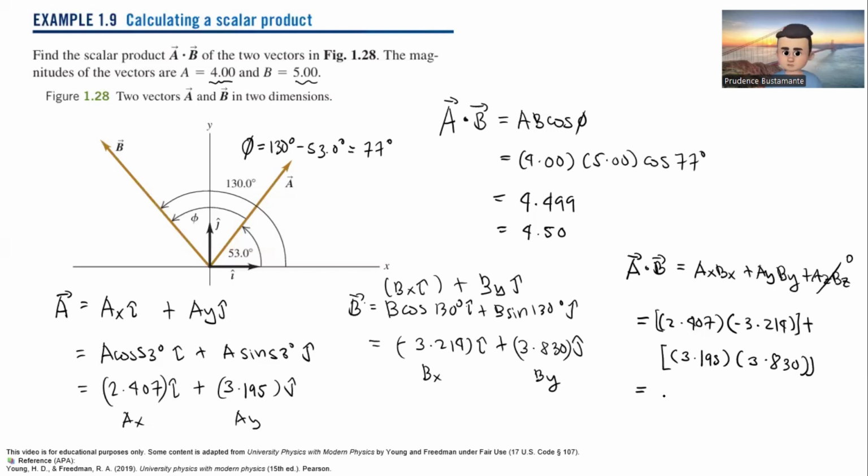So we have 4.50. Whether it is in this form, you can do this formula, but if it is in component form, you can also use the component formula for the scalar product of two vectors. Again, our answer is a scalar, no direction. It only has magnitude.